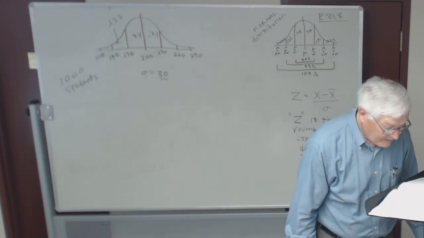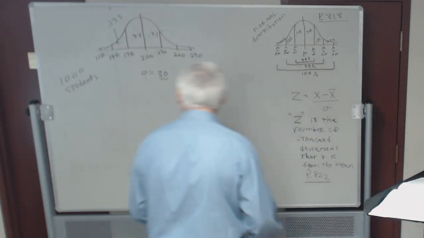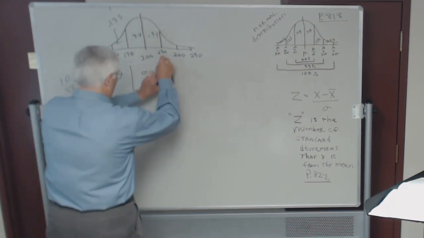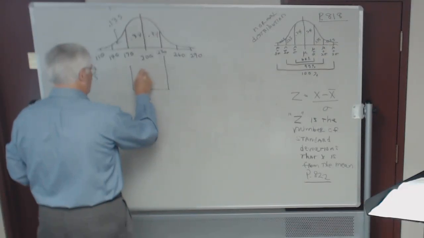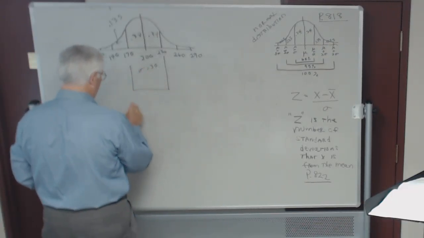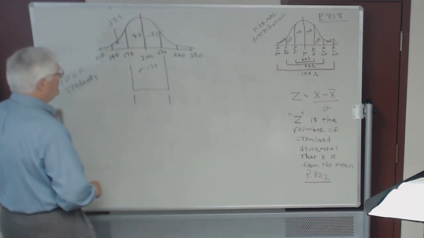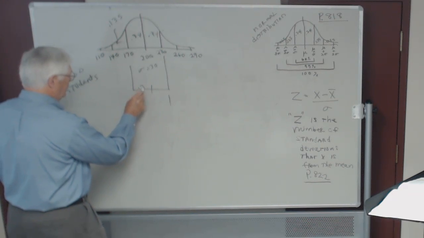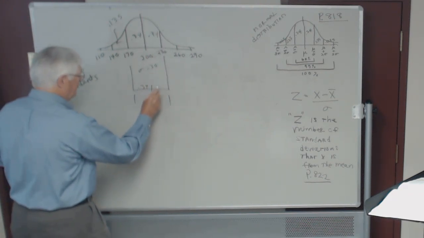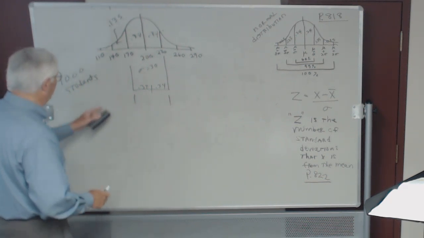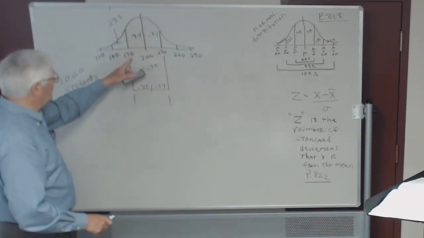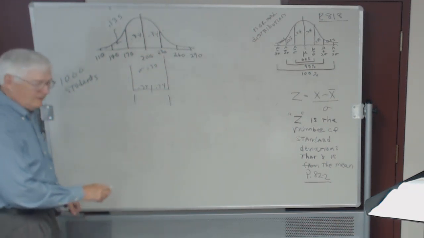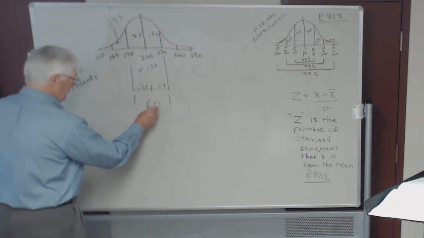And now, how many are expected to make scores between 170 and 230? From here to here. What is that? From here to here is what percent? 0.34. From here to here is what percent? 0.34. So what percent of these students would make a score between 170 and 230? 68%.